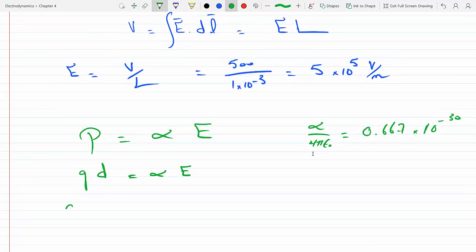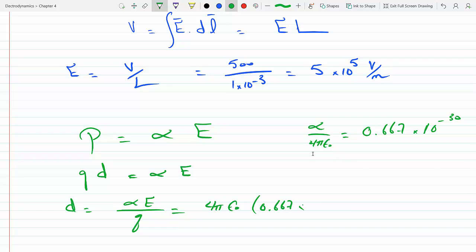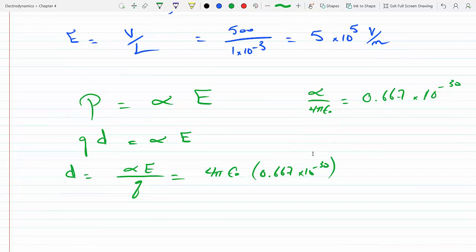Now I can solve for D to be alpha E over Q, and we just said alpha is 4 pi epsilon times 0.667 times 10 to the minus 30, divided by Q.